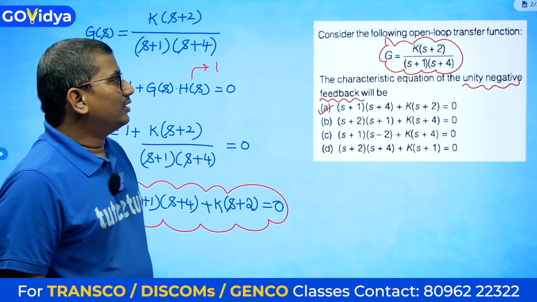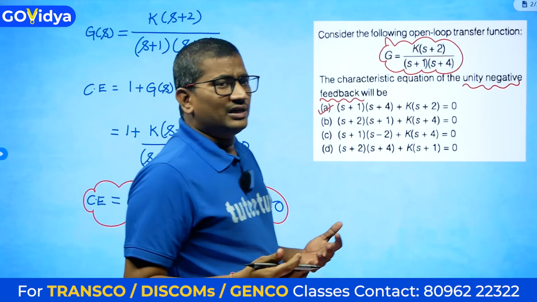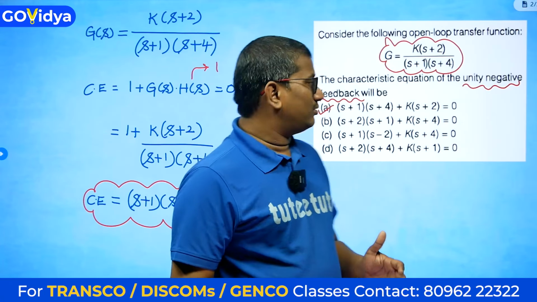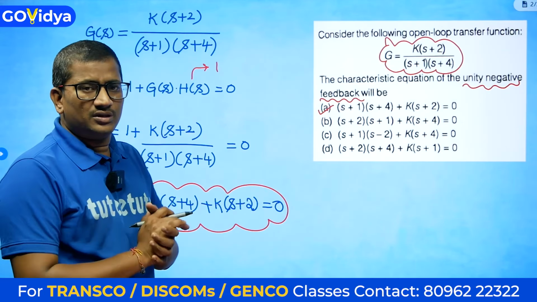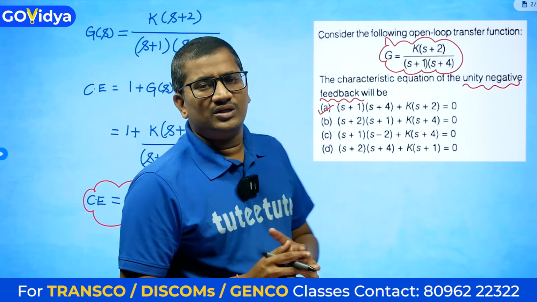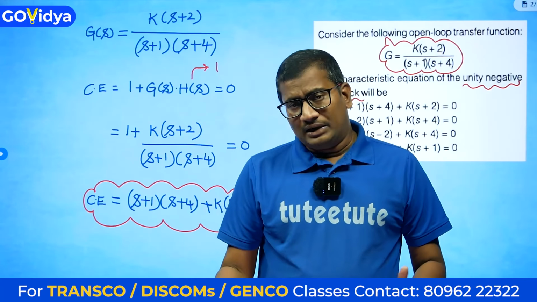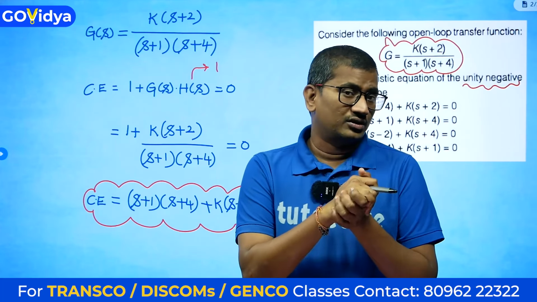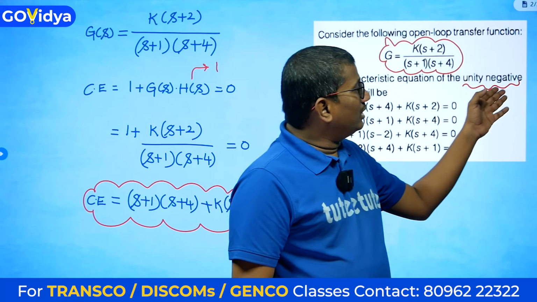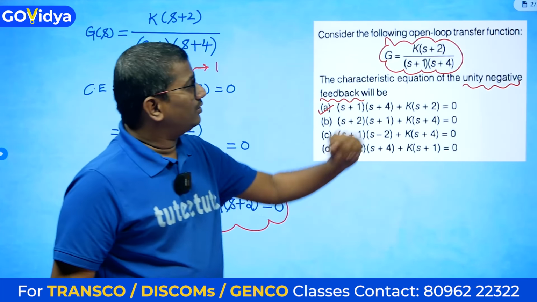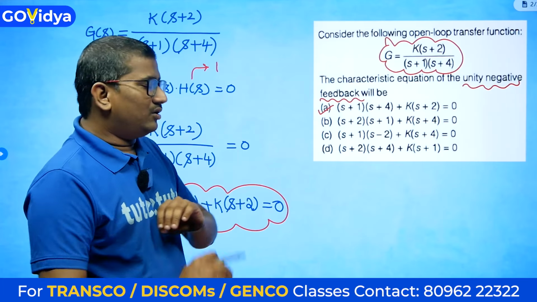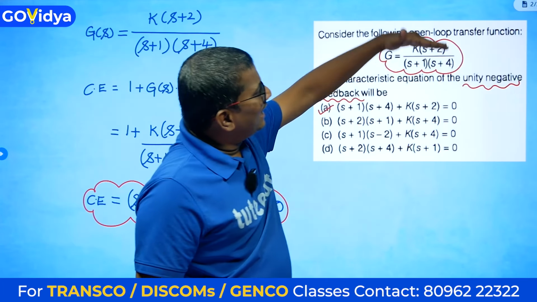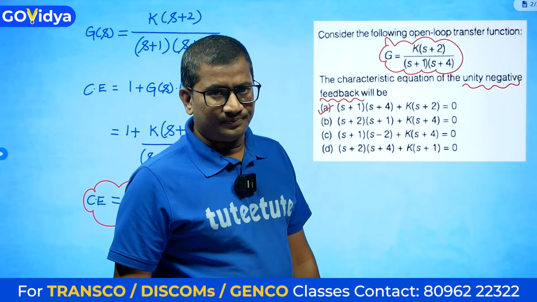Got it? In another way, we can also solve this question straight away. He is asking for the characteristic equation, which is generally the denominator of the closed loop transfer function. Whenever you have a unity negative feedback system with an open loop transfer function, don't do anything, straight away add the numerator and denominator.